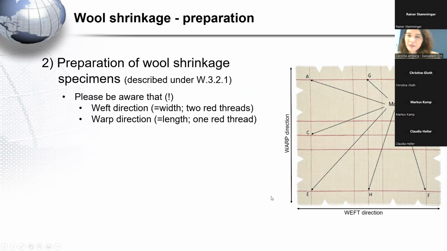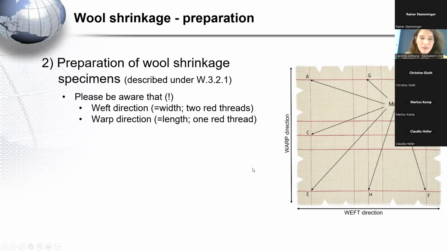When you have a look at the test material here on the right-hand side, it's important for the user to know which is the weft and which is the warp direction. And it's relatively easy to distinguish because in the weft direction, so the width, we have 2 of these red threads which mark the dimensions.